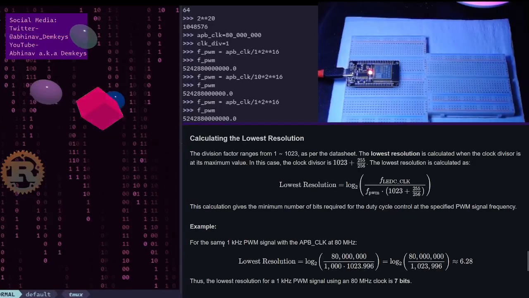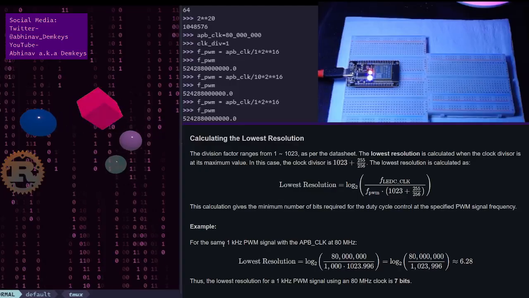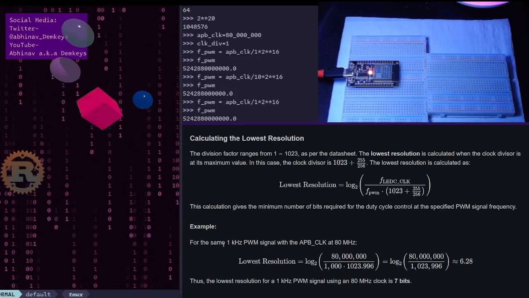Okay, calculating the lowest resolution. The division factor ranges from 1 to 1023 as per the data sheet.